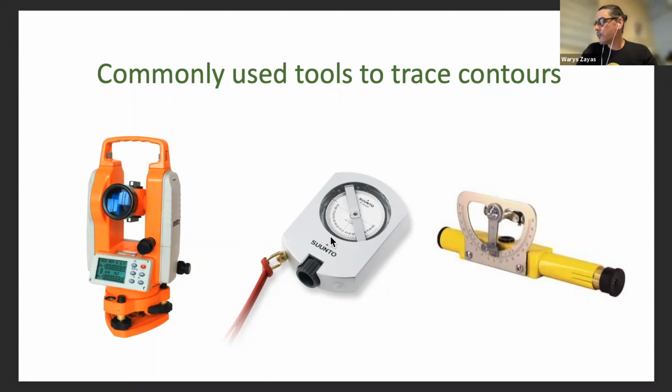This is an inclinometer. It's really useful, but it's kind of expensive too, and sometimes it's hard to find locally, right? Sometimes it's used to measure the height of trees, palm trees and other things.